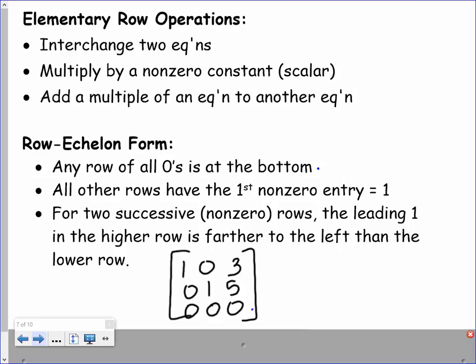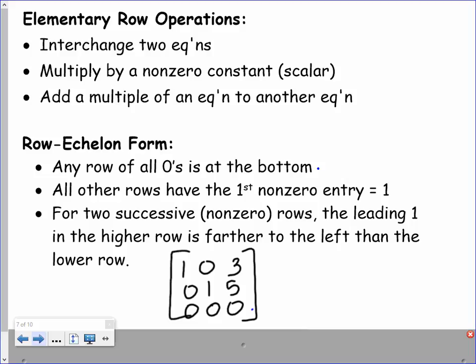All the other rows have a first non-zero entry of 1. So in the first row, my first non-zero entry was 1. And in the second row, I have an entry of 0. That's okay. But the first non-zero entry in that second row is 1.